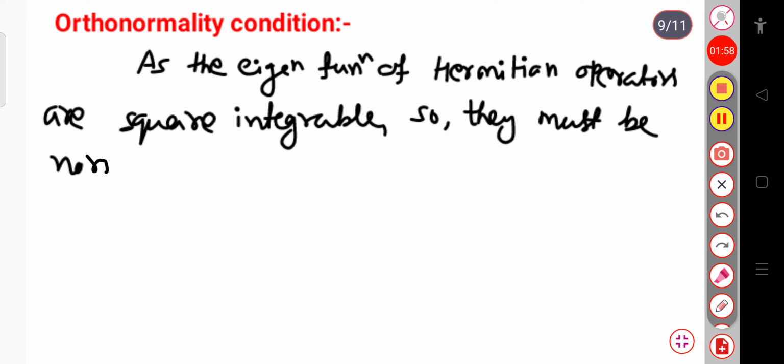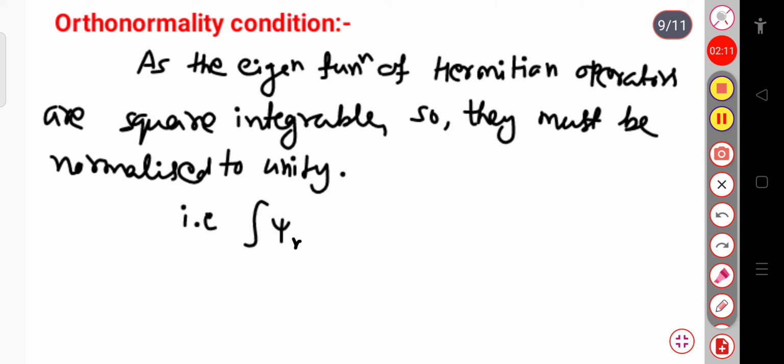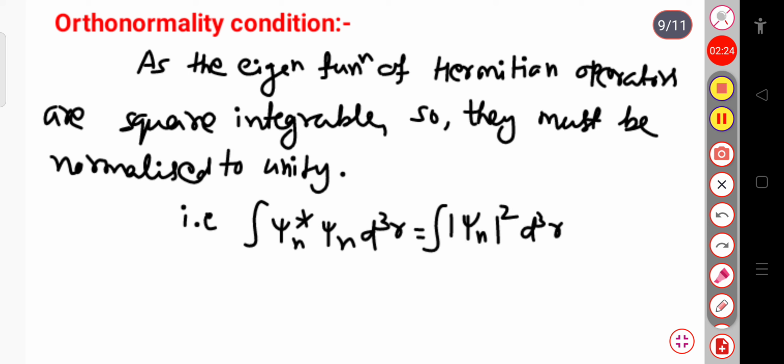Square integrable means we can write the integration of psi n star psi n d tau, which equals the integration of mod psi n squared d tau. Since it is normalized, this is equal to 1.